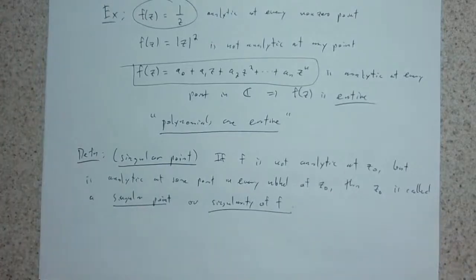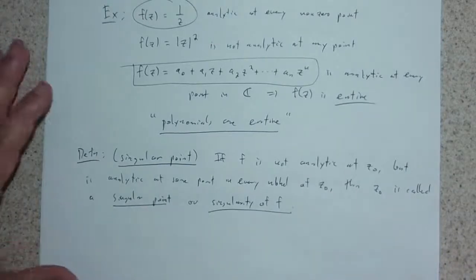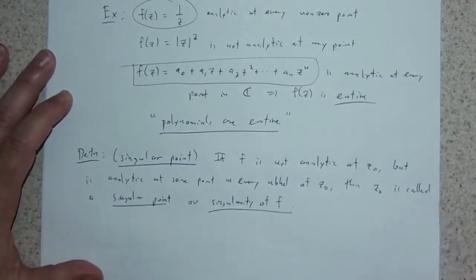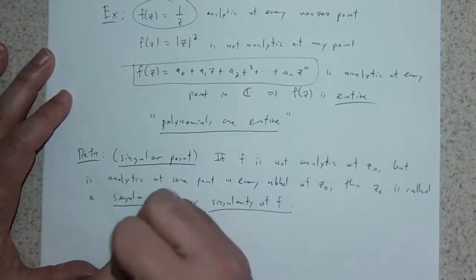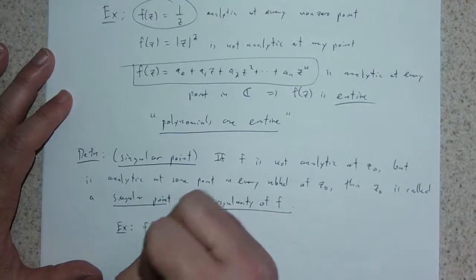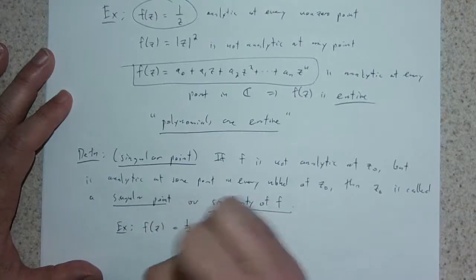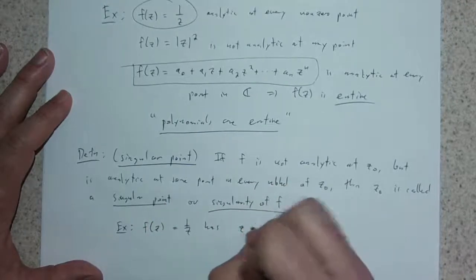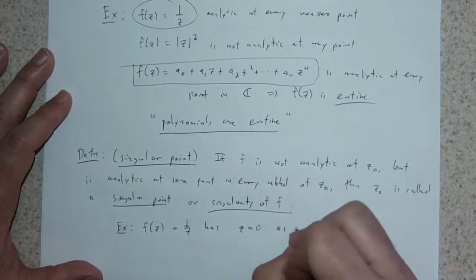And an example of that is the following. So f of z equals 1 over z has z equals 0 as a singular point.